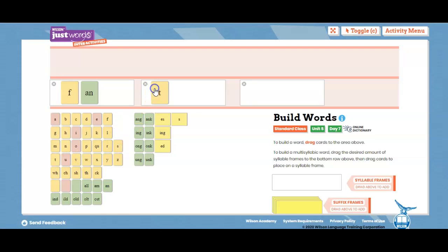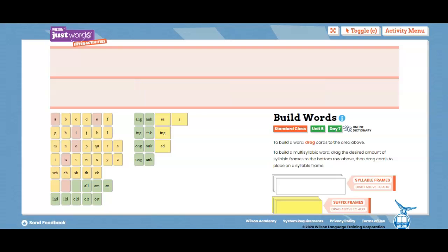How do you think I should spell it? A-S. And my final syllable, tick. Keeping in mind, I have ick at the end, so it's going to be I-C in a 3-syllable word. So I have fantastic. Okay, so that's how we're going to do that.